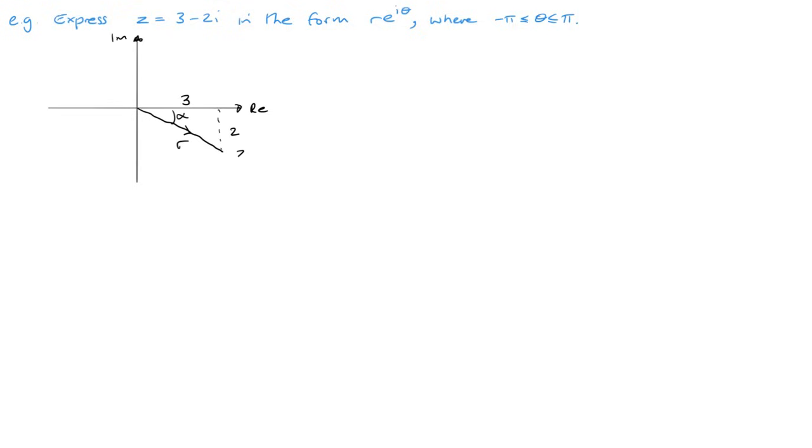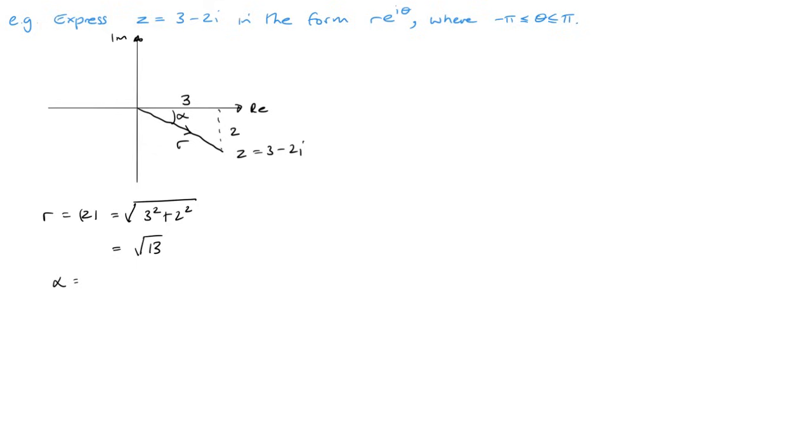That is z equals 3 minus 2i. So let's work out r. r is the mod of z, which is 3 squared plus 2 squared, square rooted, and that is the square root of 13.